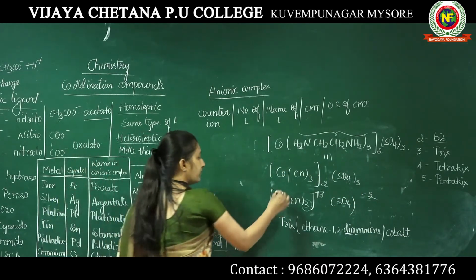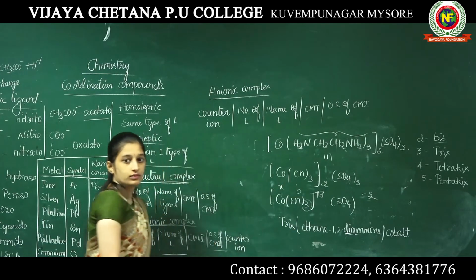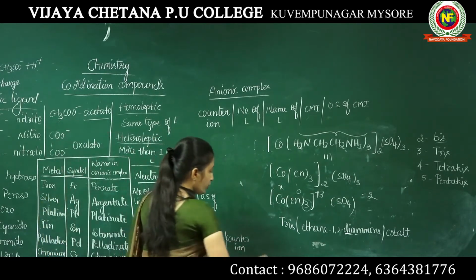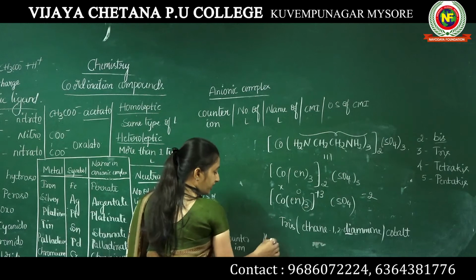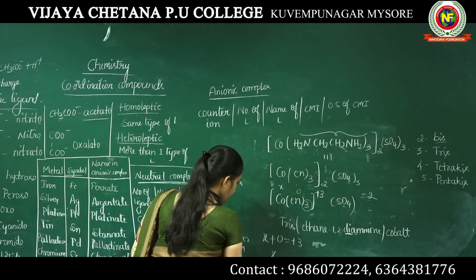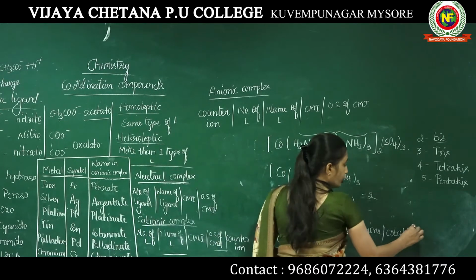Now I am going to calculate the oxidation state. X, en is neutral, na? That's why 0. So X plus 0 into 3, overall plus 3. X is equal to plus 3. So cobalt 3.